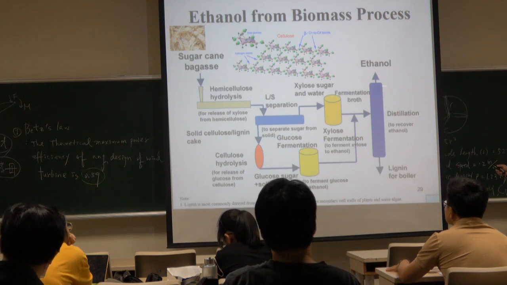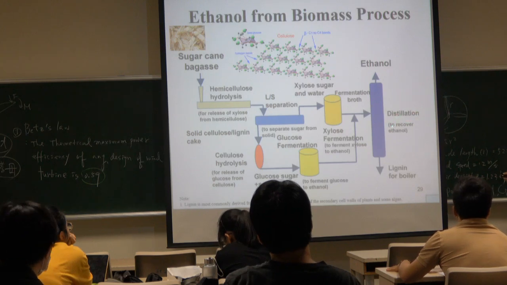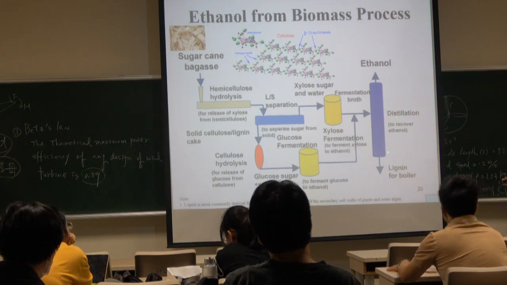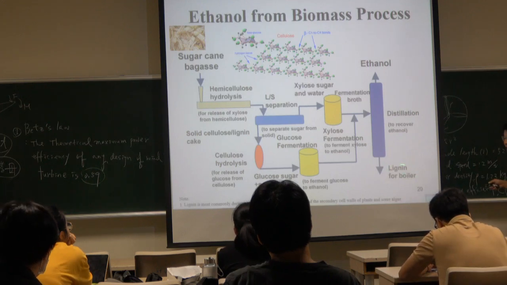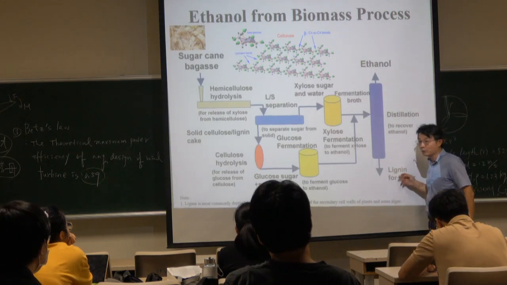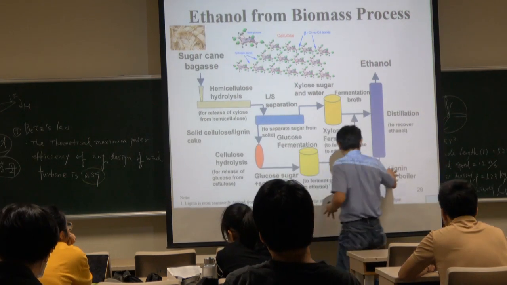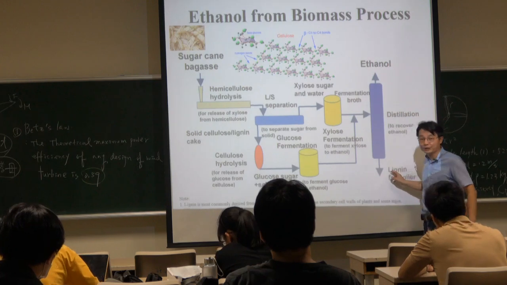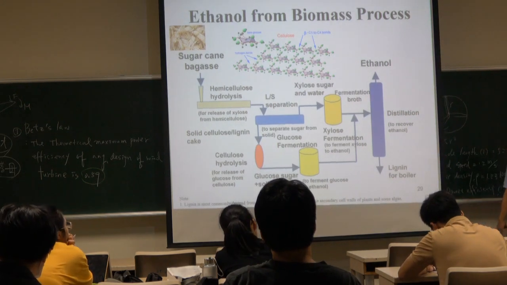Finally, you get 蒸馏, okay, distillation, and then recover the acid. And then this is the byproduct, okay, lignin. Lignin is one kind of, I would say, waste, okay. This is hard to dissociate, okay, lignin. Lignin is the 木质素, okay.